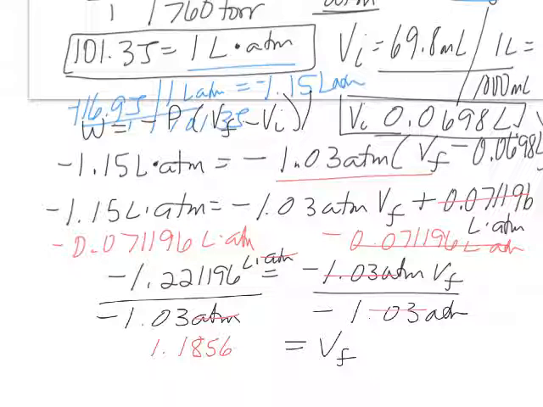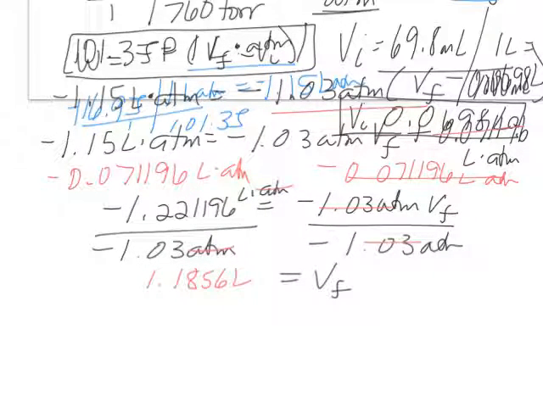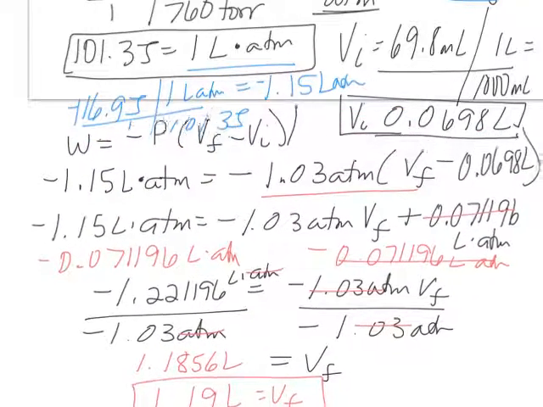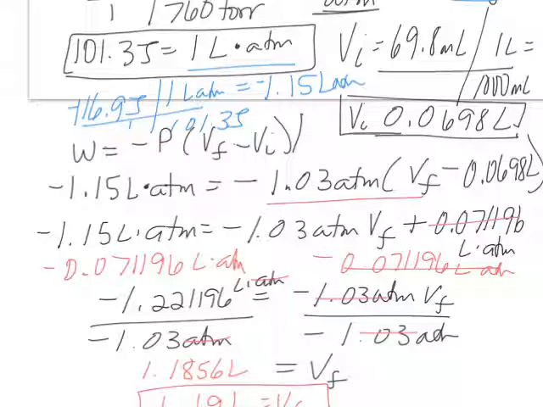Your atmospheres cancel out, you're left with liters. That's good because that's what you want with the volume. And we round this to 3 significant figures. 1.19 liters is your final volume. Is that larger than your initial volume? Yes, and it expands, so it makes sense.